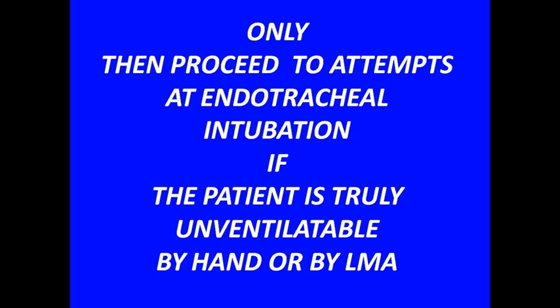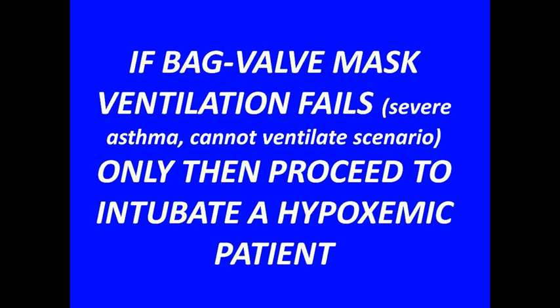If bag valve mask ventilation fails, say the patient has severe asthma or it's a true cannot ventilate scenario, only then do we proceed to intubate a hypoxemic patient. Of course, we can try to ventilate with an LMA. We need to do our utmost to avoid wasting time on intubation when the patient needs ventilation.